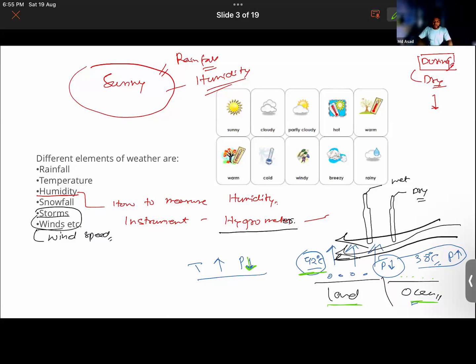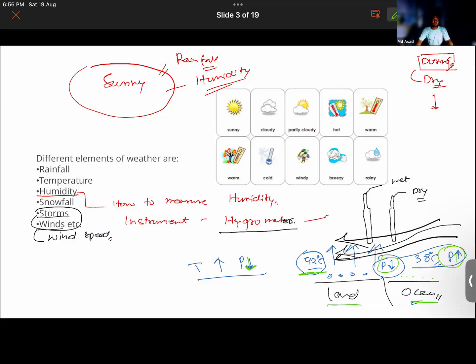Let's say at the same time of the day the temperature above the ocean is 38 degrees Celsius. Comparing the two temperatures, the pressure in this region will be higher than the pressure over the land. So here the pressure is higher while the pressure is lower in this case.